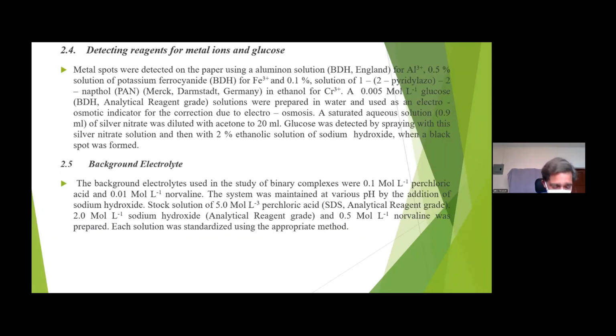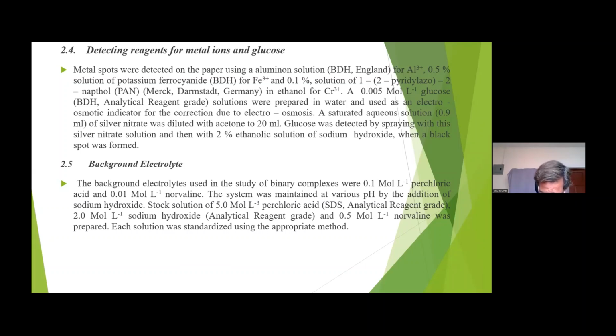Now, detecting reagents. Metal spots were detected on paper using aluminon solution for aluminum III, 0.5% solution of potassium ferrocyanide for iron III, and 0.1% solution of PAN for chromium III. 0.005 mole glucose solution was prepared in water and used as electroosmotic indicator for the correction due to electroosmosis.